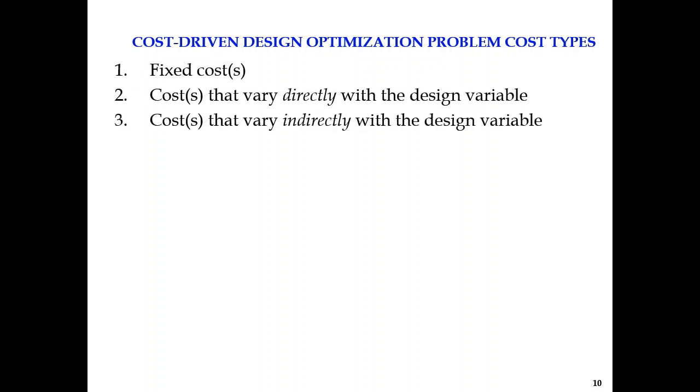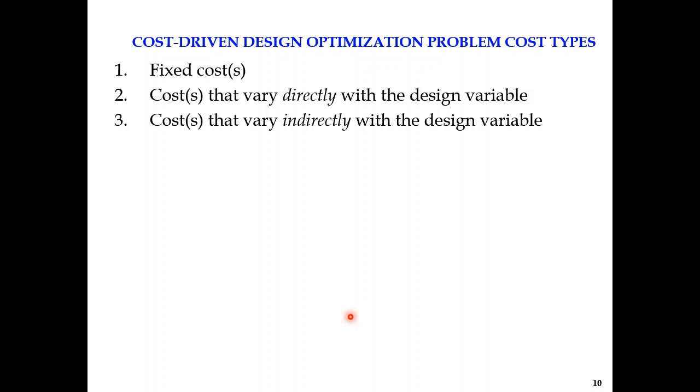So there are several cost types that are used or handled in cost-driven design optimization problems. Some of these are fixed costs. Some of these are costs that vary directly with the design variable, and some of the costs vary indirectly with the design variable.